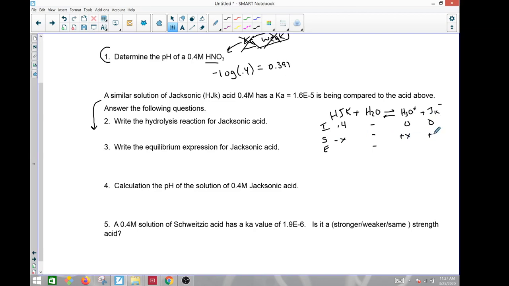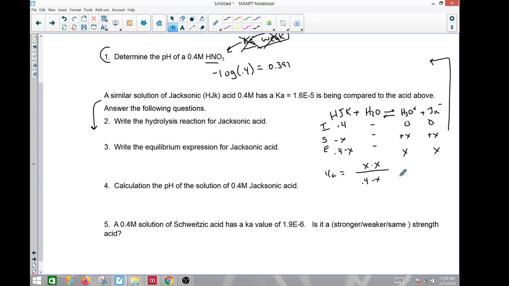After you do two or three of these, you'll realize that this process is the same every time, which is sometimes a problem when people start doing strong acids. They forget to turn off that process. You've got to understand what you're working with. So my Ka in this situation is equal to x times x, that's x squared, over 0.4 minus x.